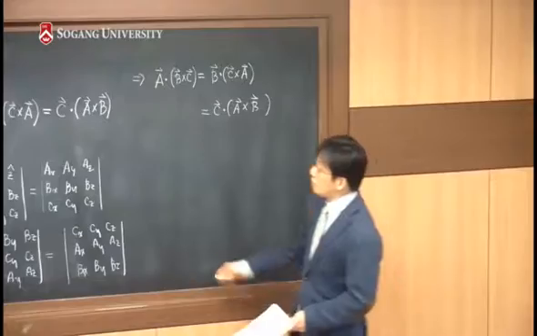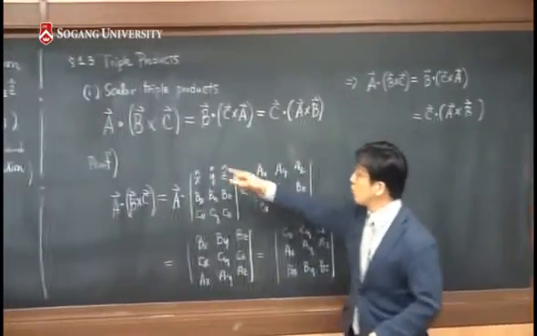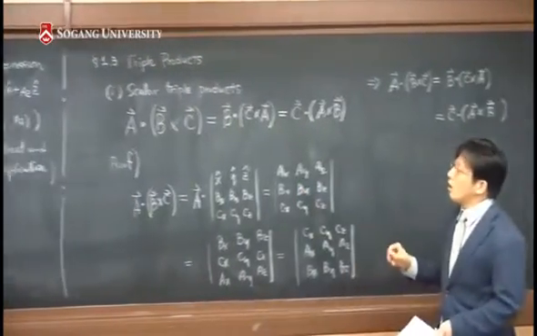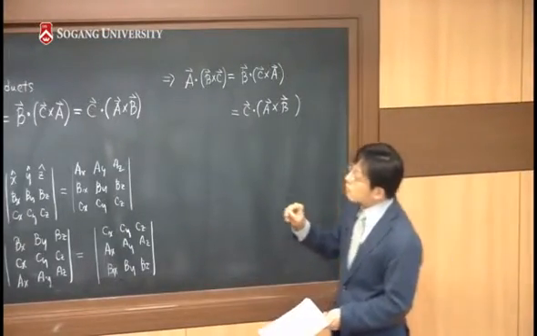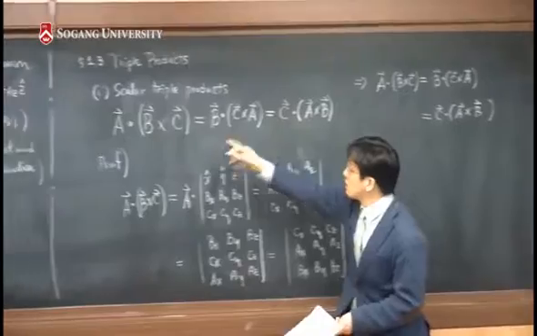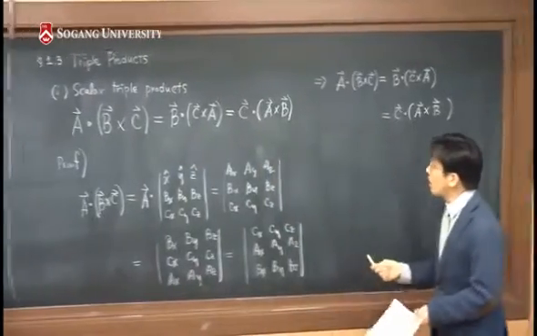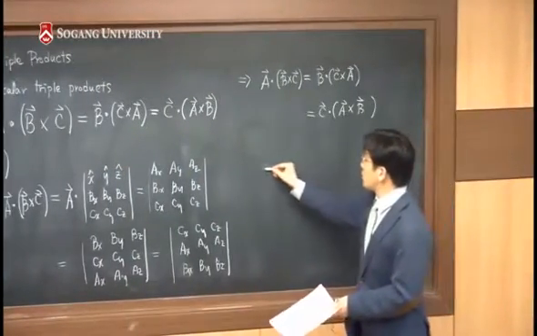So from each definition, we saw that these three different ways of multiplying three vectors are actually equivalent. So this is the end of the proof.